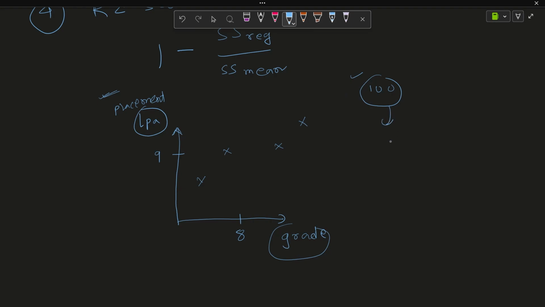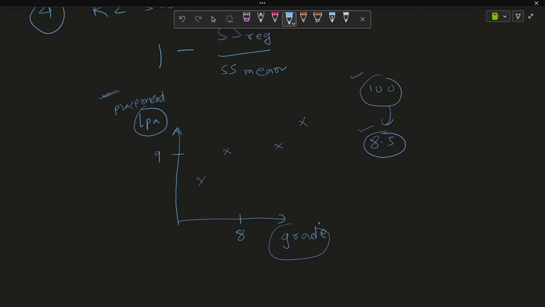Here is the average, maybe 8.5. So a student graduates with an 8.5 LPA job.